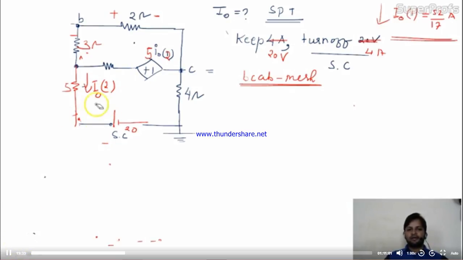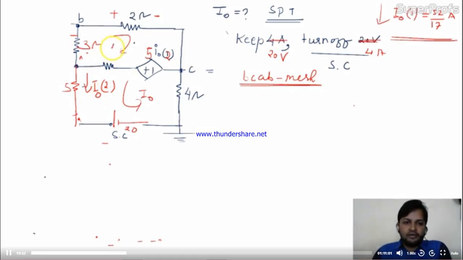We'll apply KVL again. We'll assume two currents. One is I0 already given in this circuit, and here I am taking I1. Now I'll write the KVL equation. I'll start with B and come back to B. Now minus 2I1. Okay, fine.